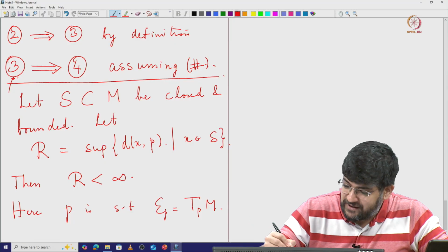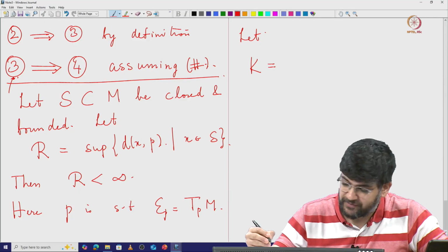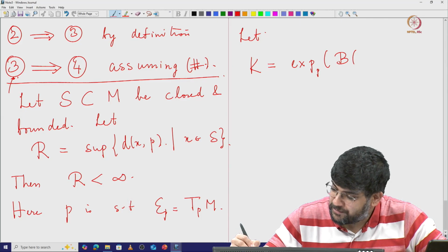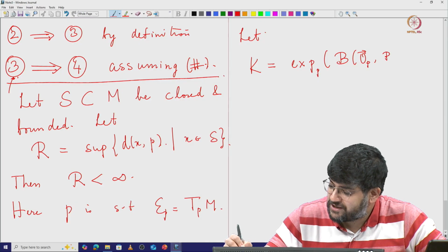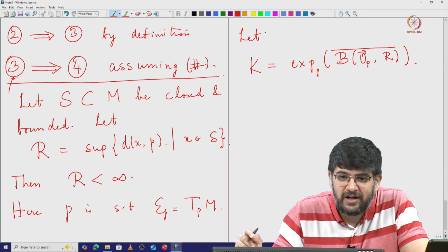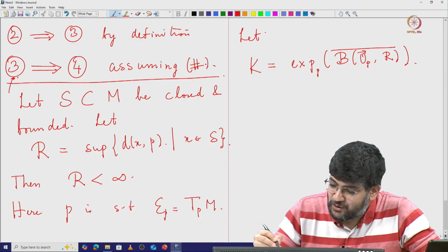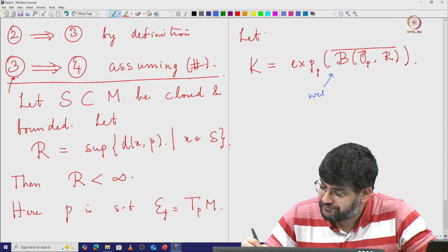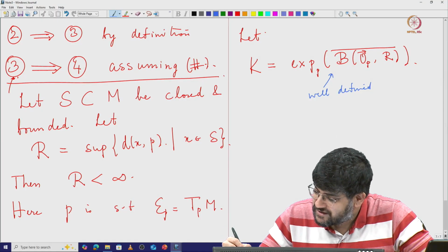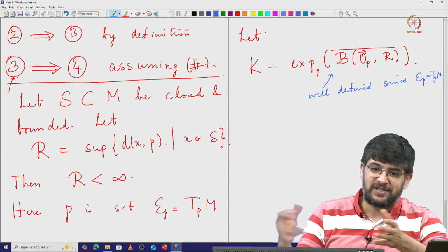Okay, so let K be the image of the closure of this ball in the tangent space under the exponential map. This is well defined because the domain of the exponential map at P is the entire tangent space, so the exponential map is defined on that ball.